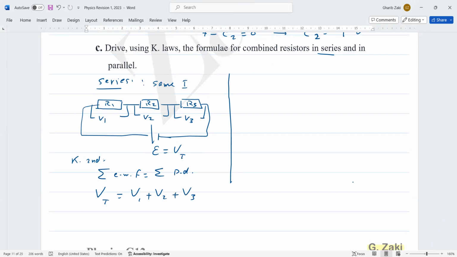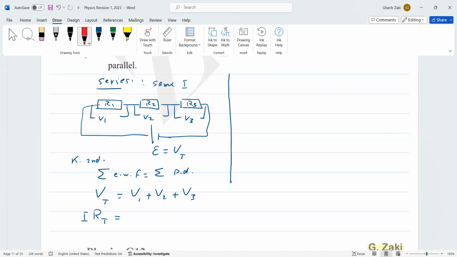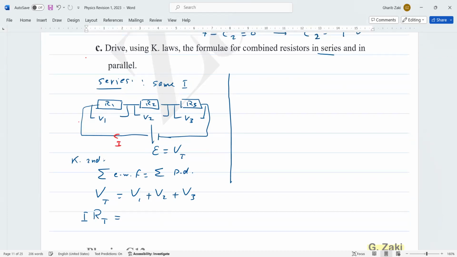But we know V equals I times R. So I times R total, because it is the same current in the circuit, so the current is the same. It's I, the same current. Okay? So we don't say I1, I2, I3.